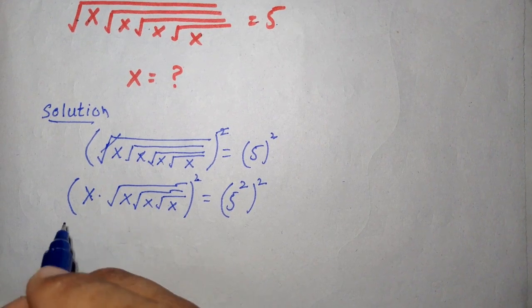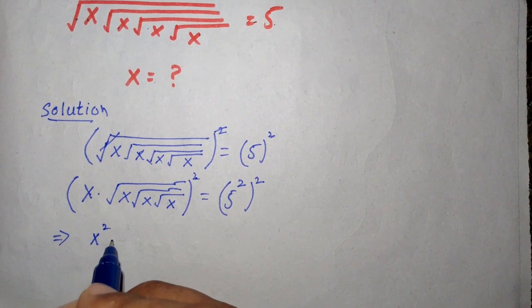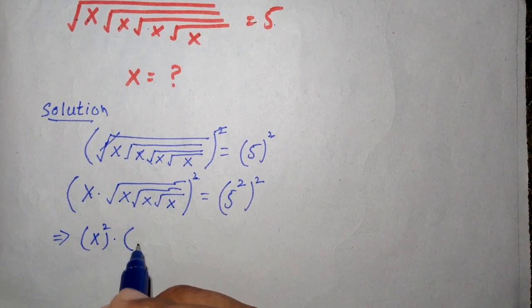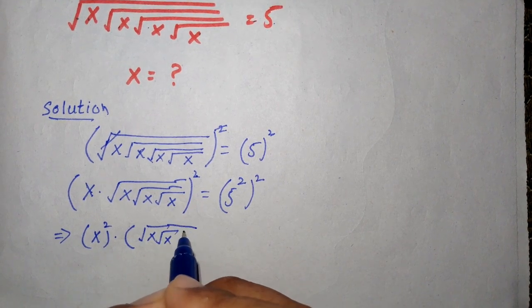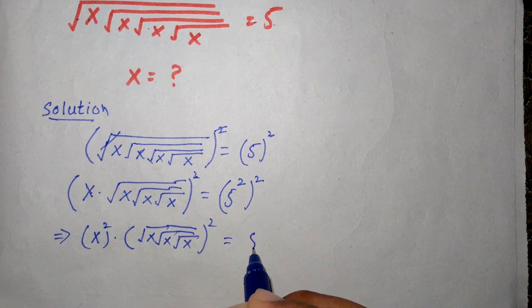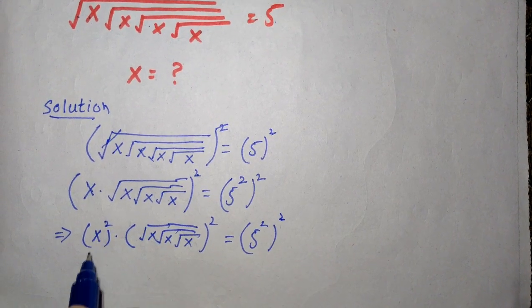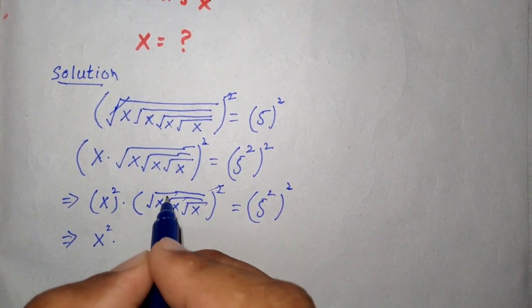So we can write this as x square times this square root of x under square root of x under square root of x also square is equal to 5 square to the whole square. Here this will become x square times, this 2 cancels with this square root.